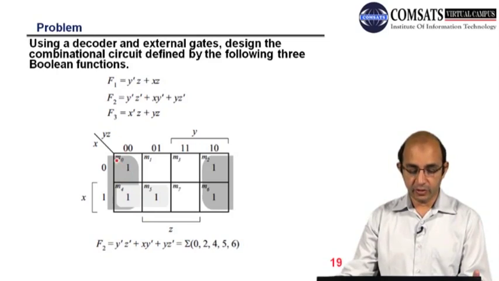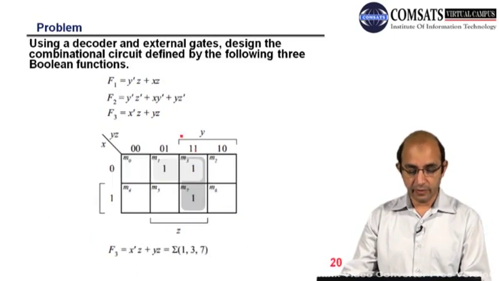So you can see those two pairs, they are mixed with M2 and M6 in order to have a square, and we will be having only z bar. Okay, so if I have to write the min terms, you can see we have 1 at M0, then M2, and then 4, 5, and 6.